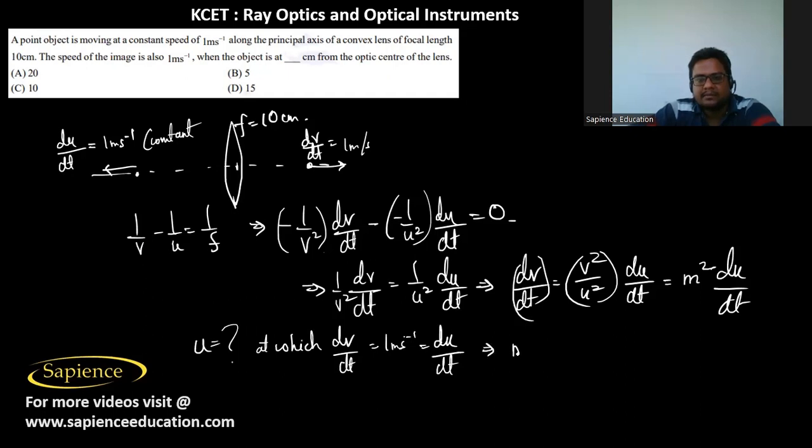So therefore m square should be equal to 1, which means m should be equal to plus or minus 1. Okay. Now, if it is a real image, it will be inverted, so m will be minus 1. And if it is a virtual image, then m will be plus 1. So your focal length is 10.